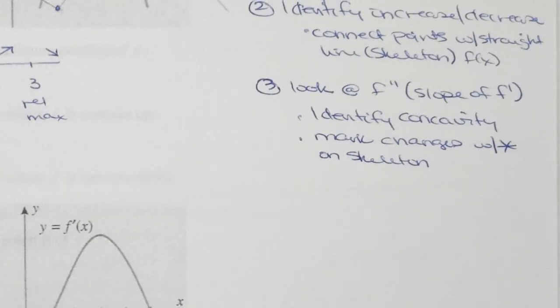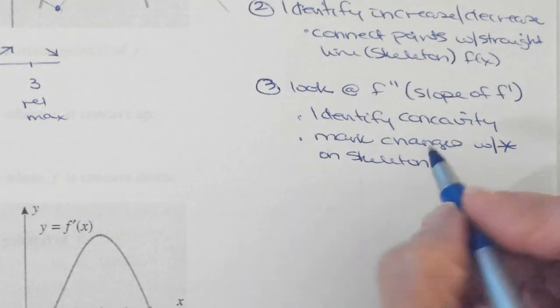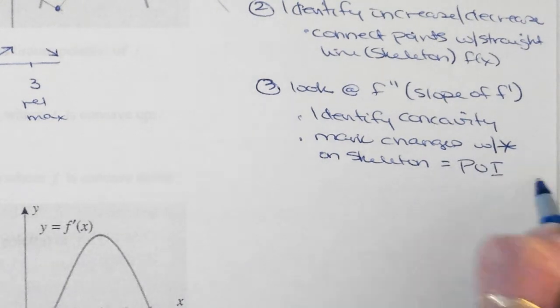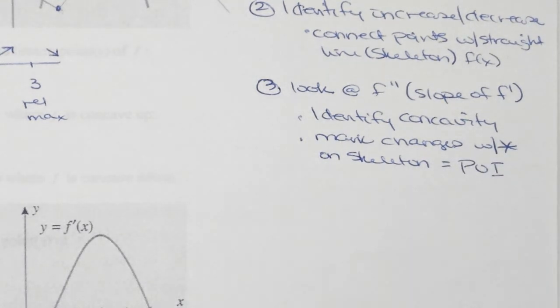Okay, I'm going to move it up. Okay? This mark that we're making is our point of inflection, POI, point of inflection.